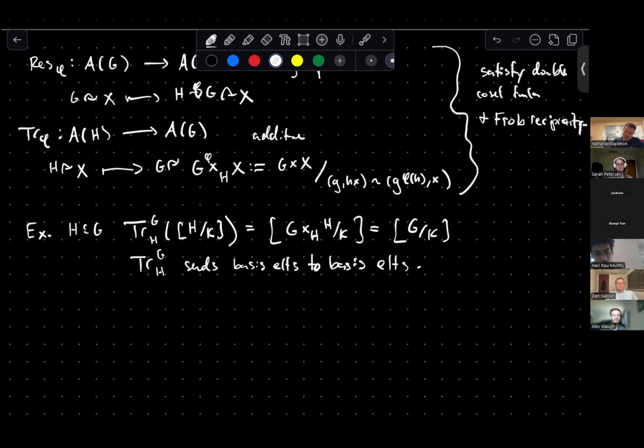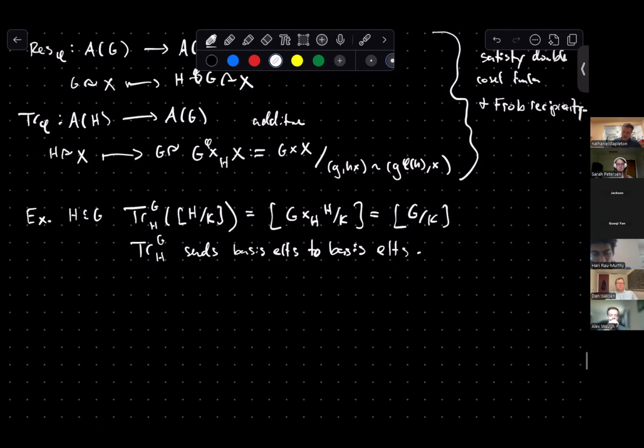So these transfer maps are really nice, but I want to do transfers along surjections too, for one surjection. So let's consider G to the trivial group. This is an important one, like always when you have transfers along surjections. So if I transfer a G set X from G to the trivial group, what happens?